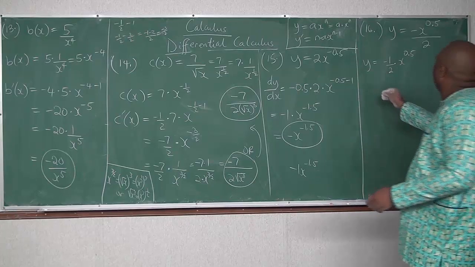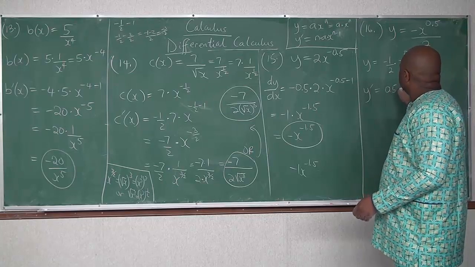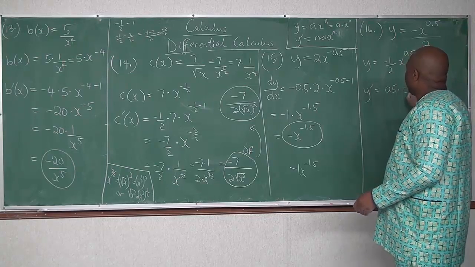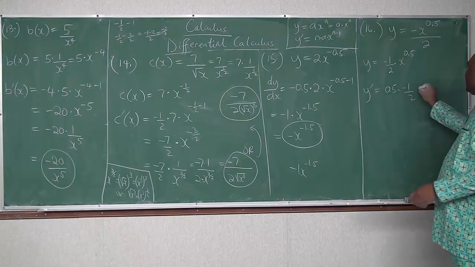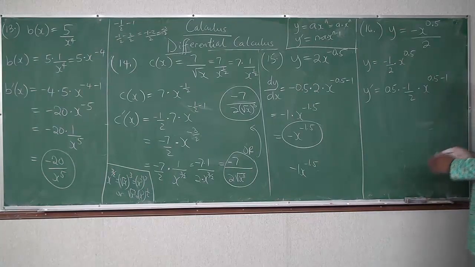So y prime will be 0.5 times negative 1/2 times x exponent 0.5 minus 1. Do you see that?